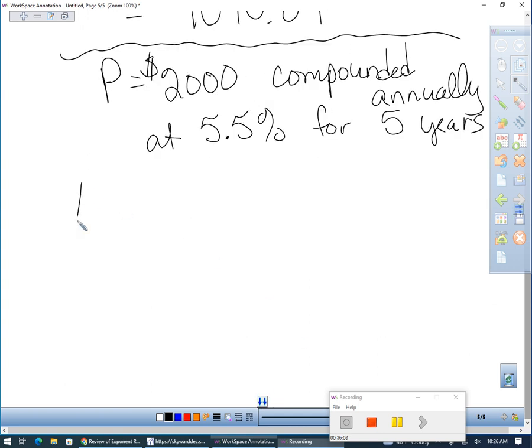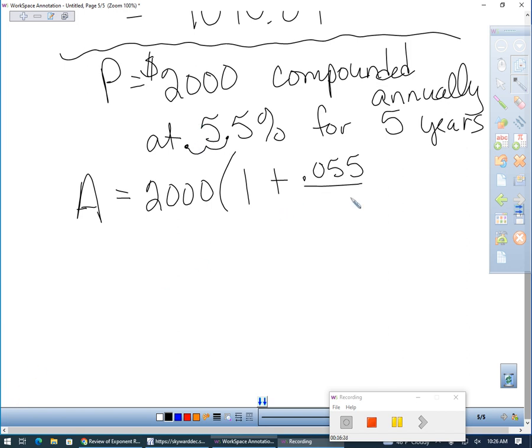All right, so we start with A equals. Our principal, our starting amount is 2,000. Then we have 1 plus. How do we make 5.5 a decimal? Yes, 0.055. Remember, we swipe this over twice and fill it in with a 0.